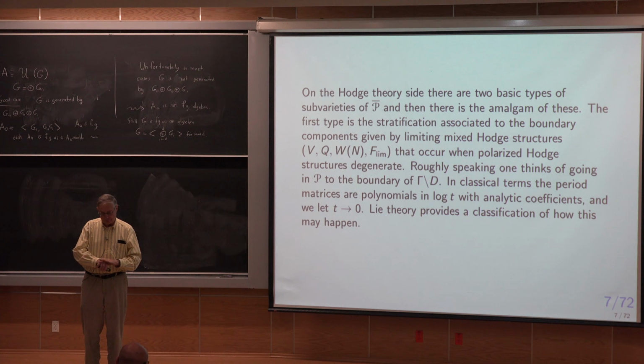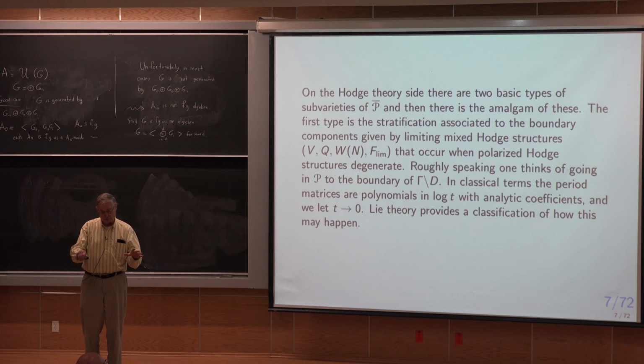So that gives you these subvarieties running through the space of Hodge structures, and those would, if you think in terms of algebraic surfaces, correspond to algebraic surfaces that have additional geometric structure in them. They have additional Hodge classes.